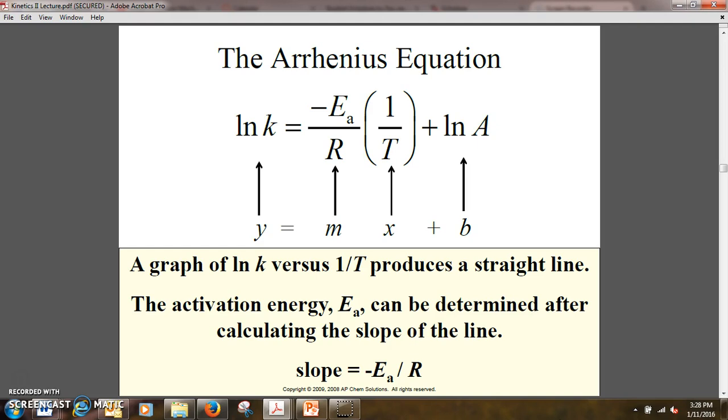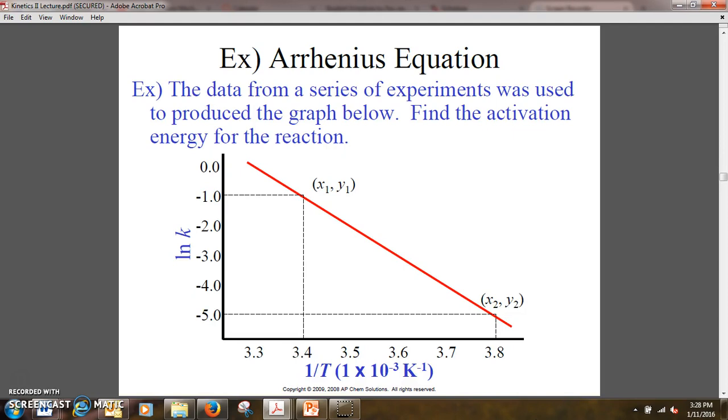Really, you don't need to know much about the Arrhenius equation for the AP exam, thank goodness, you're saying as you're looking at it. But this little equation down here at the bottom, slope equals negative activation energy divided by R, can be helpful in some of the problems we're doing. But as far as the Arrhenius equation itself, you don't really need to use that a whole bunch.